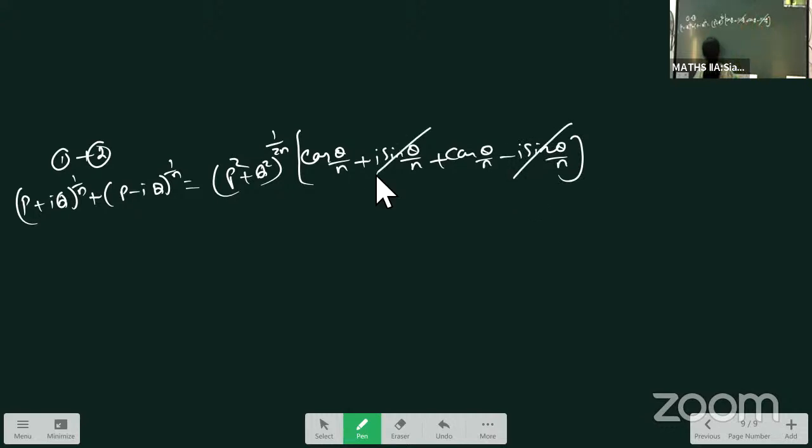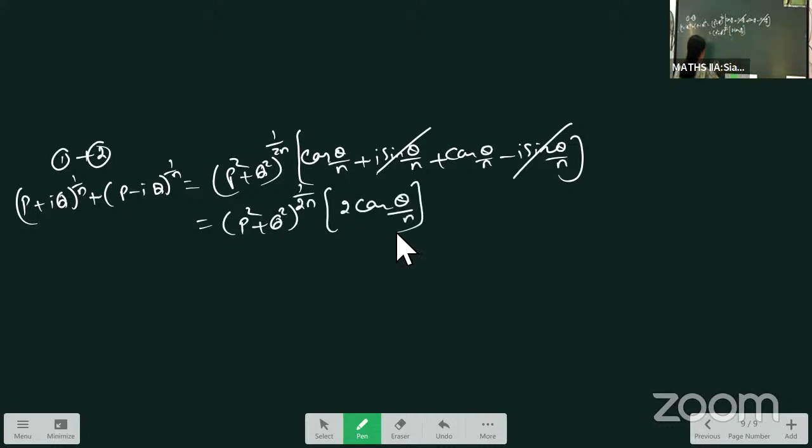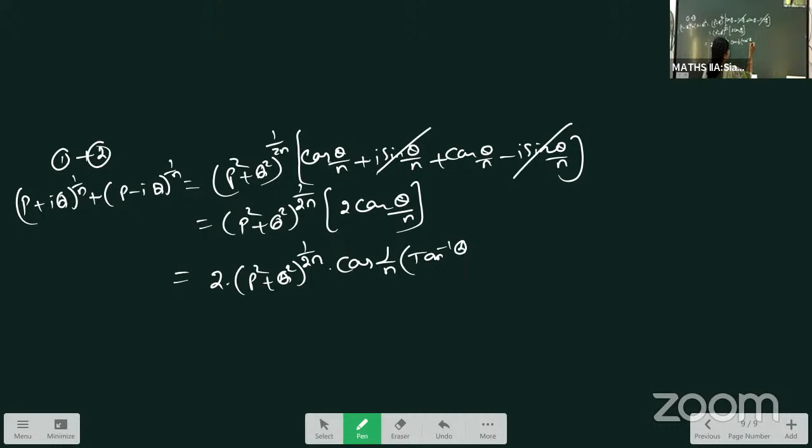Both i sin theta by n terms cancel. So p square plus q square power 1 by 2n, cos theta by n plus cos theta by n, which is 2 cos theta by n. Here a small step to simplify: write 2 outside, p square plus q square power 1 by 2n as it is, into cos of 1 by n into theta. Theta is the value we got, tan inverse q by p. So like this we have to prove.